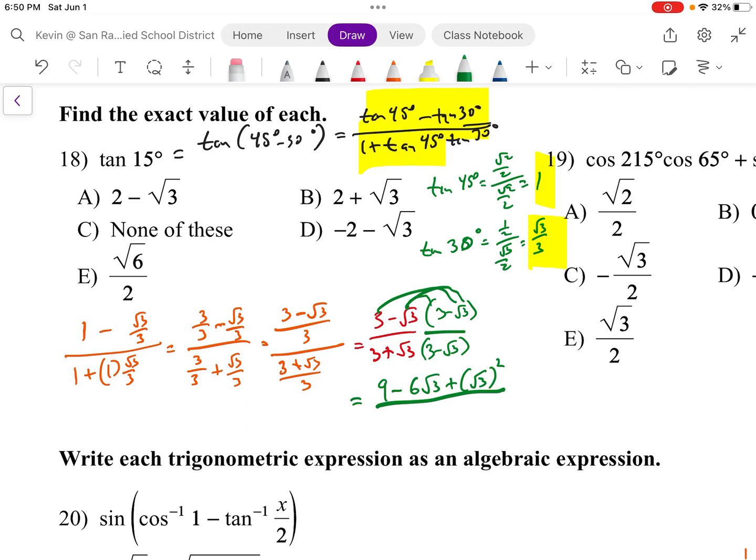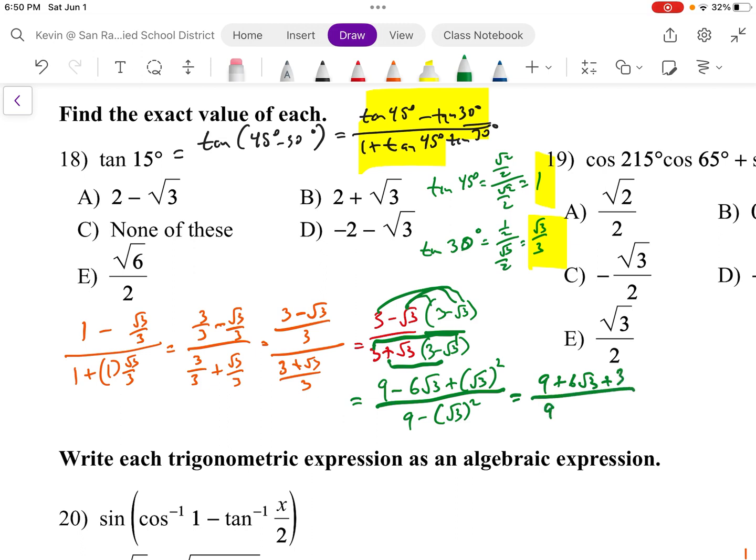We do the same thing with the bottom. We have 3 times 3 is 9. Okay, this and that cancel out each other. So then we have just negative root 3 squared. Okay, so let's simplify that. So we have 9 plus 6 root 3 plus square root of 3 squared is just 3.